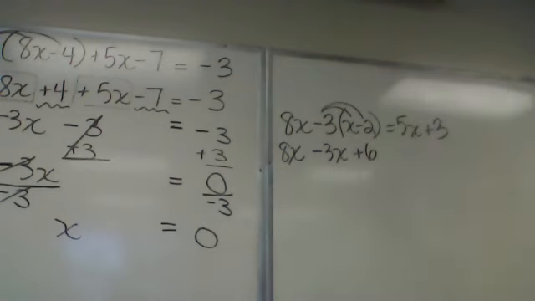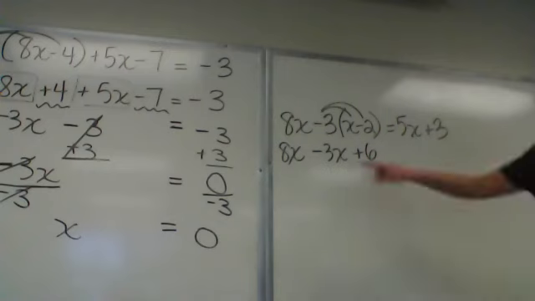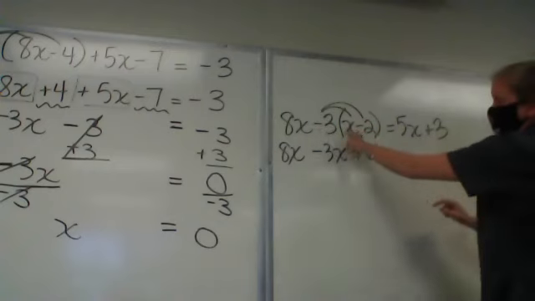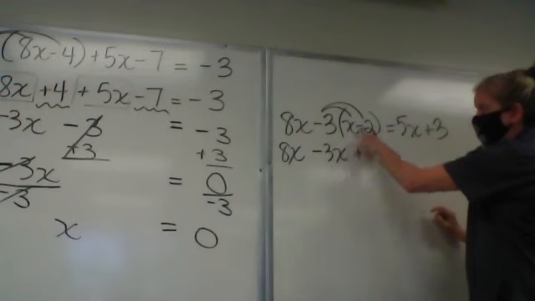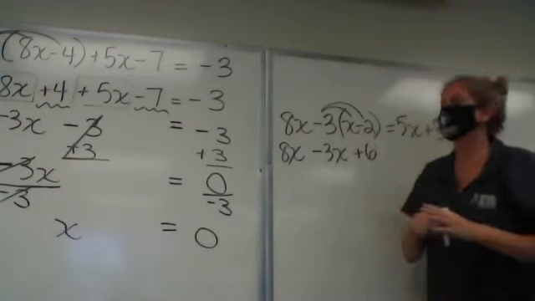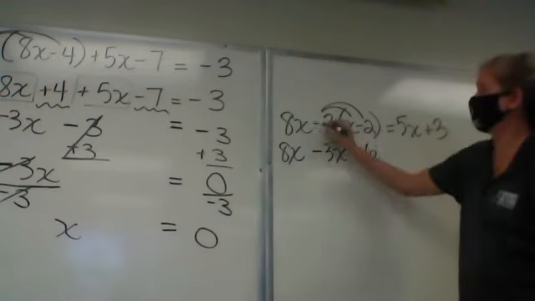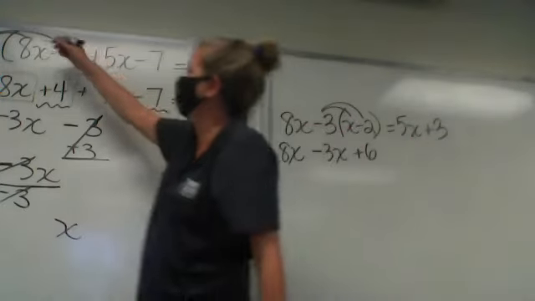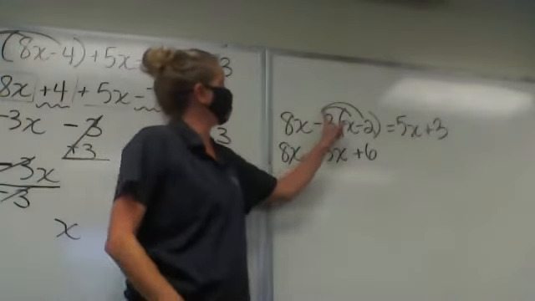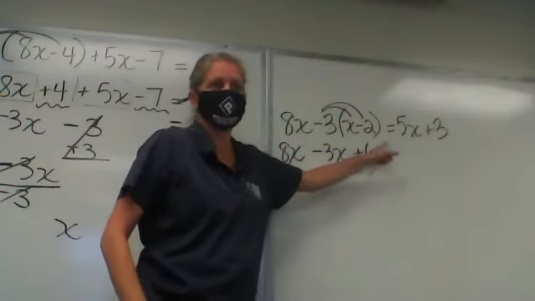That's a quick question. Go ahead. On the last one, when we did that, it made everything inside the parentheses opposite. What changed? It didn't. If I'm multiplying by a negative, these signs are going to change. That positive changed to a negative. That negative changed to a positive. My signs change. The only thing different is that this one was multiplying by negative 1, and here it is multiplying by negative 3.